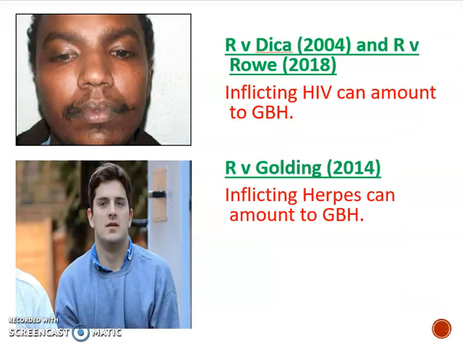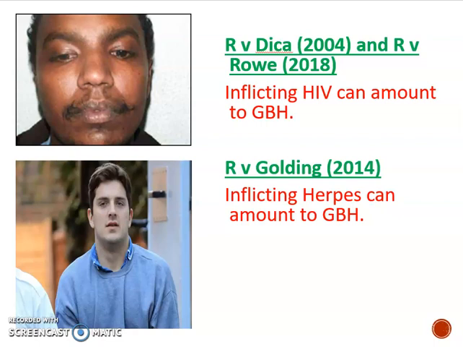Now we've got some really interesting cases on GBH to have a look at here. And I think they illustrate the problem with having a law written in 1861. Because at that time, the way people injured each other was quite straightforward. Punching them, stabbing them. Whereas over the years, people have developed new ways of hurting people.